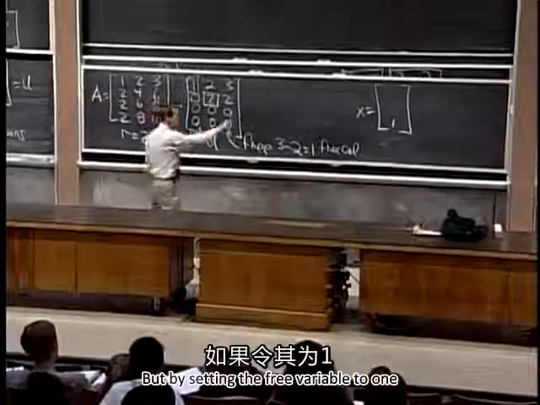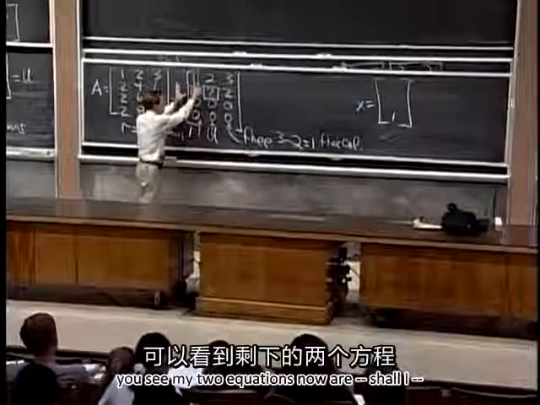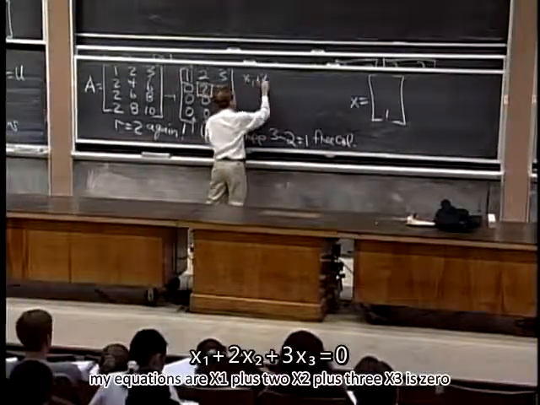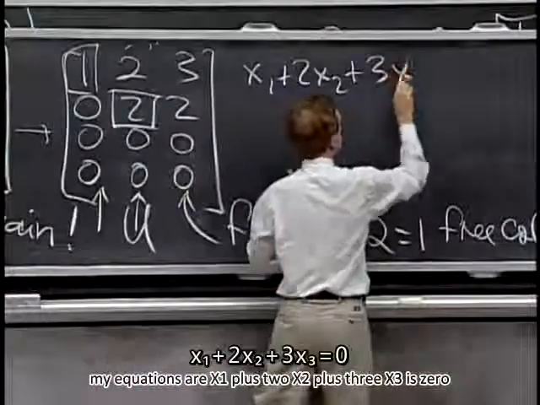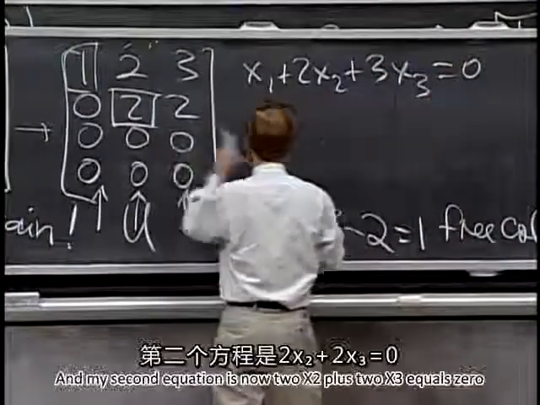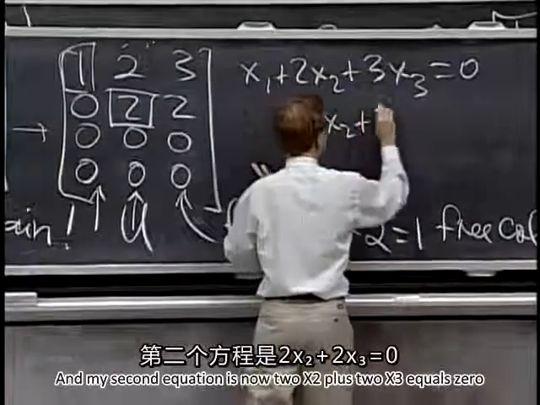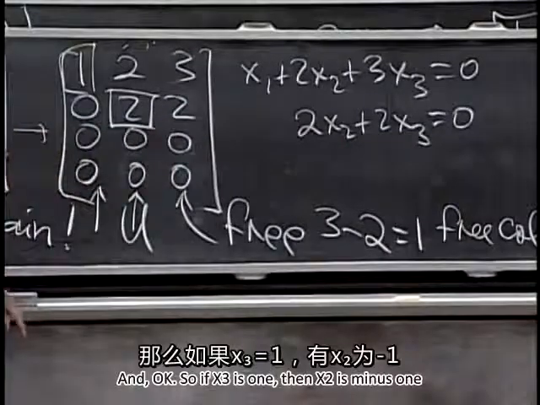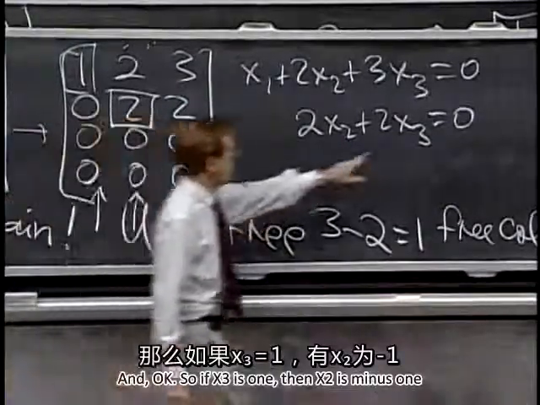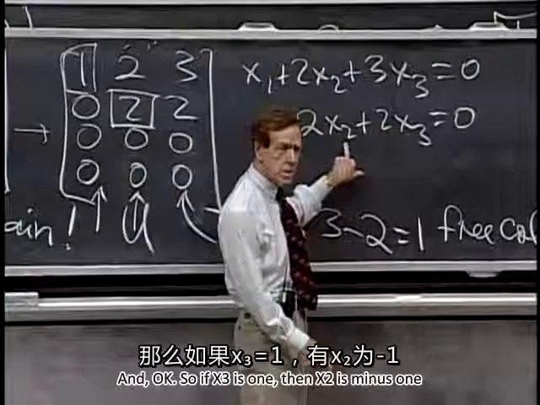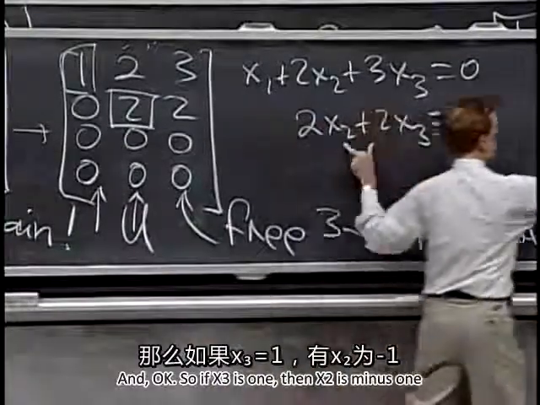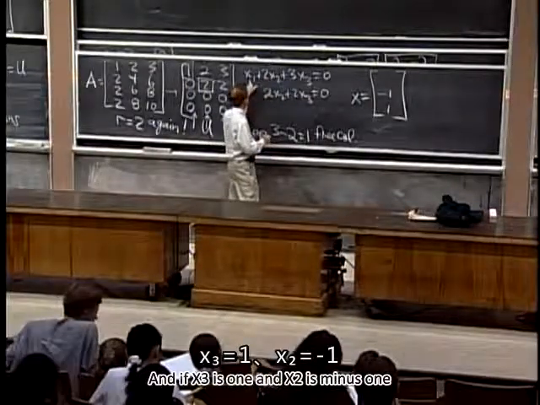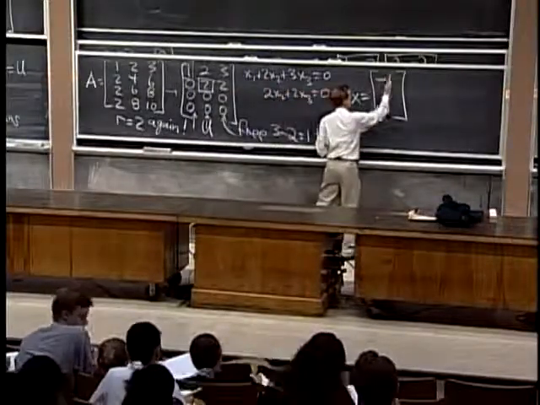But by setting the free variable to 1, my equations are x1 plus 2x2 plus 3x3 is 0, and my second equation is 2x2 plus 2x3 equals 0. So if x3 is 1, then x2 is minus 1, and if x3 is 1 and x2 is minus 1, then maybe x1 is minus 1.